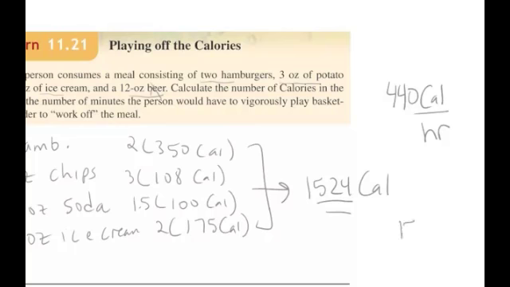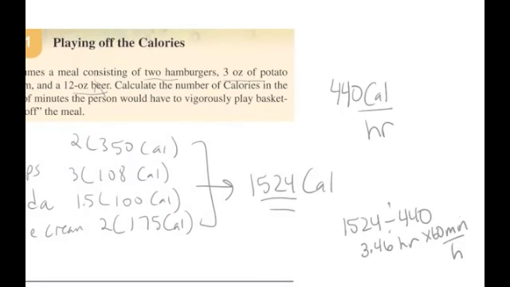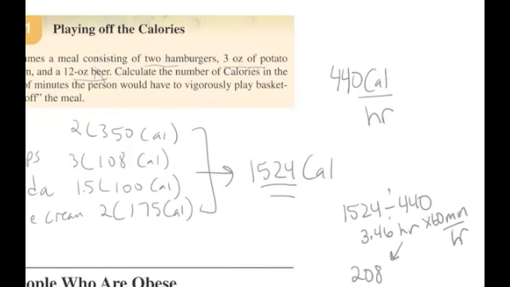So it's 1524 divided by 440. That equals 3.46 hours, times 60 minutes per hour, which gives me an answer of 208 minutes. Okay, that's a lot of basketball to work off that lunch.